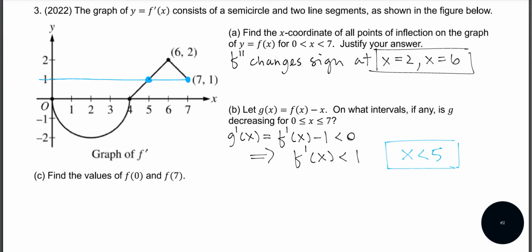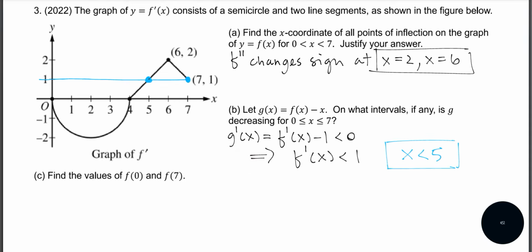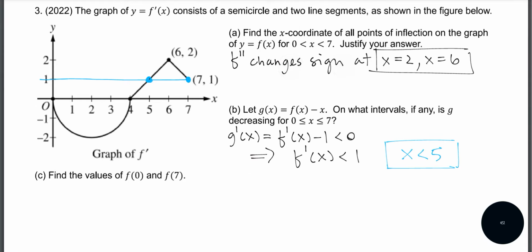I'm going to say the value of f of 4 equals, let's see, 3. And I'll make sure to update that on the original document. Yeah, f of 4 equals 3. That'll work. That'll be just fine.